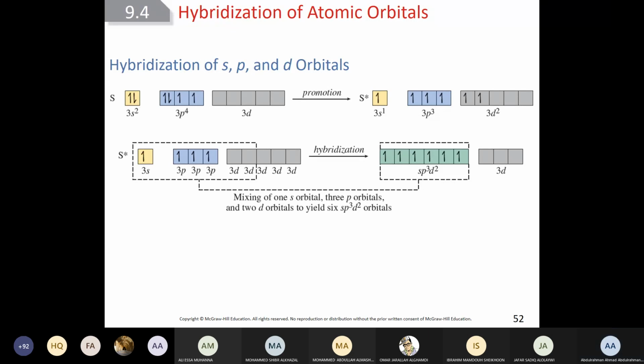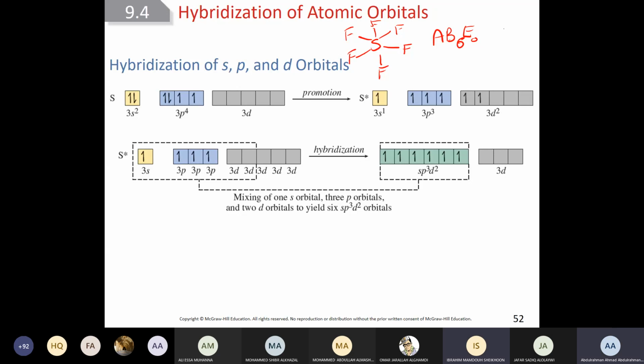And last question is, if we have SF6. What's the electron domain? AB6E0. What's the total? 6.